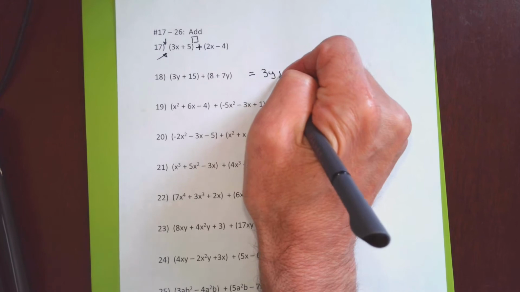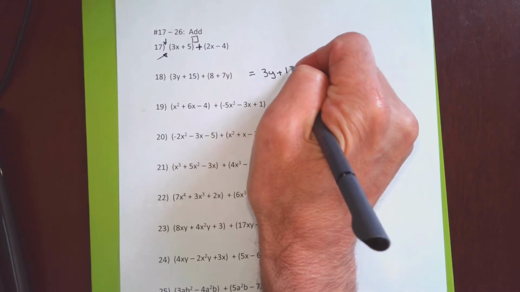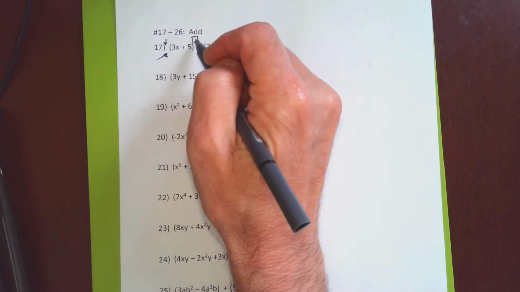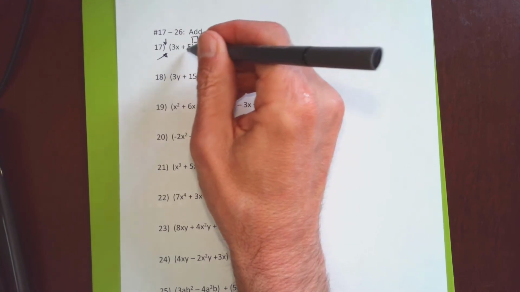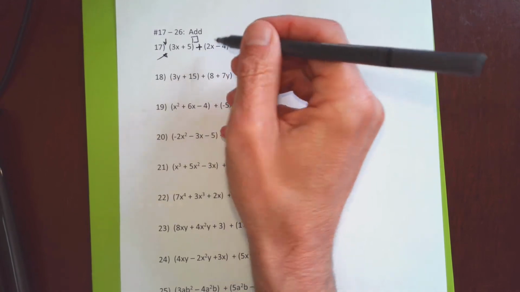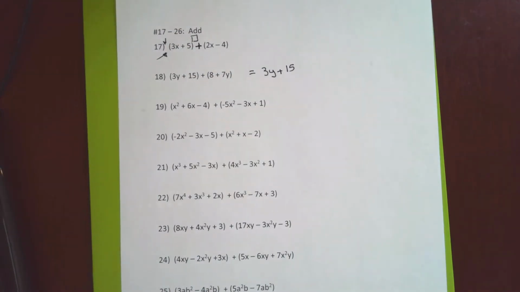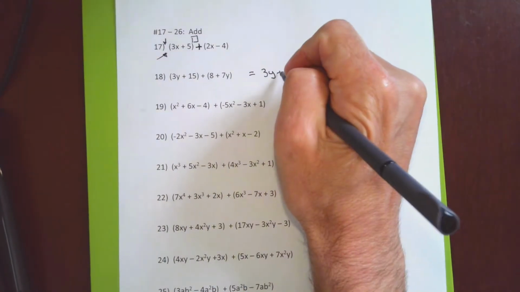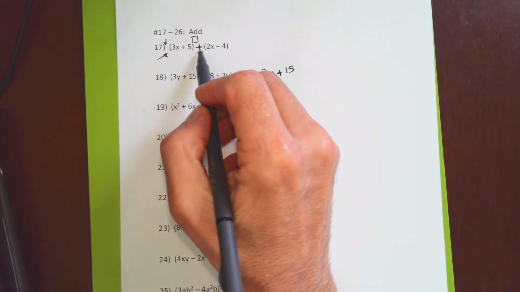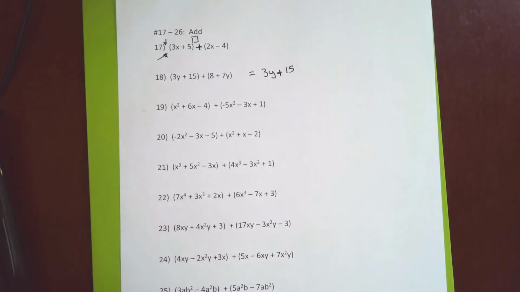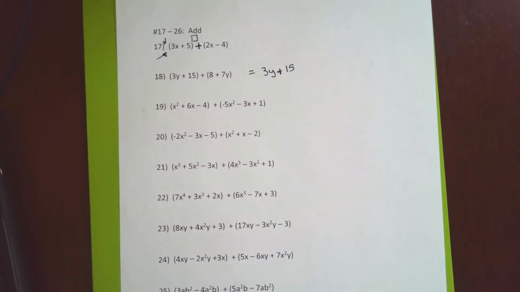If, however, the parentheses had an exponent, the parentheses had a coefficient, or there was a times between the parentheses and what follows the parentheses, I couldn't just drop the parentheses. But if I have exactly this, a parentheses, no coefficient, no exponent, an addition or subtraction, not multiplication or division after the plus sign, you can simply drop the parentheses. So this is one instance where it's freebie to drop the parentheses.